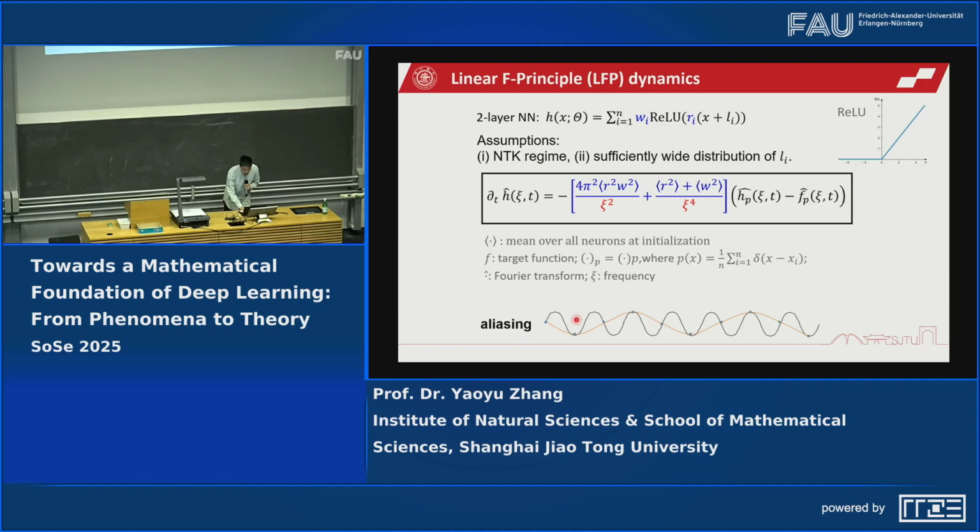So that means the aliasing means, if your data is not dense enough, then a lower frequency Fourier mode can align exactly with a higher frequency Fourier mode. Therefore, there's no way to distinguish whether it's a higher frequency mode.